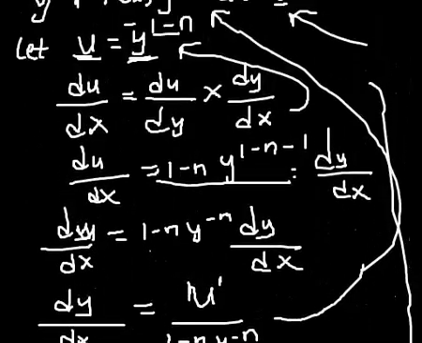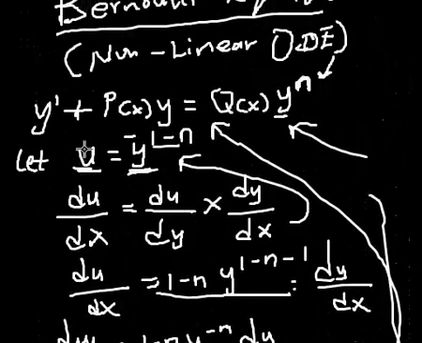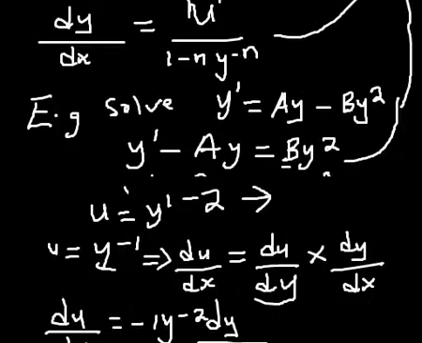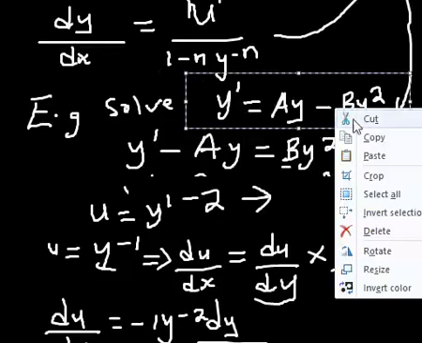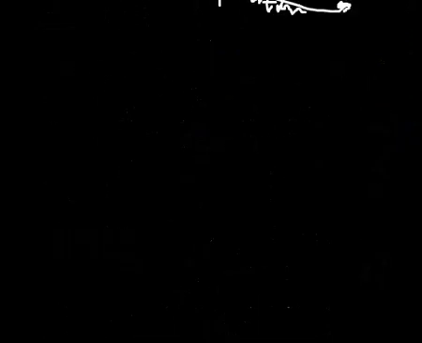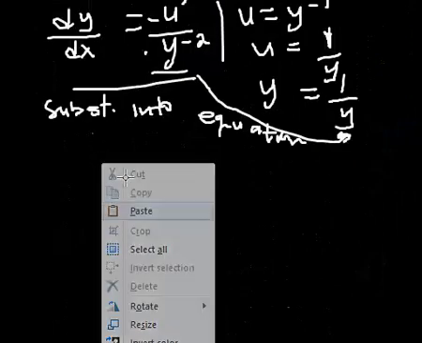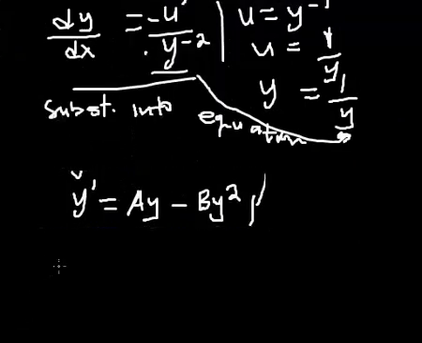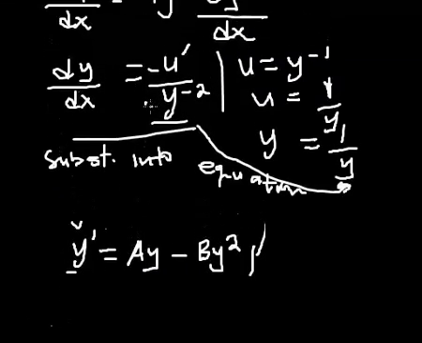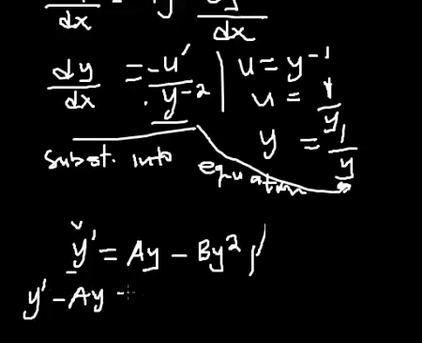into our ODE. Let me bring that ODE again that we are solving. So this is going to be y prime, which of course is dy dx, is equal to, I've not arranged this, okay, let me arrange it. This was y prime, then minus ay, equal to minus b y square.